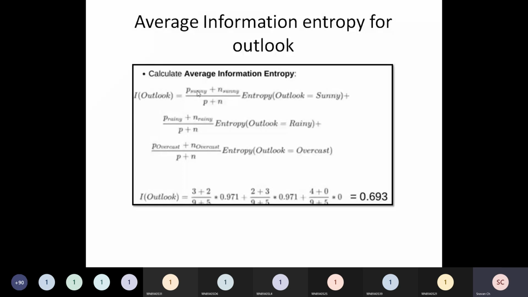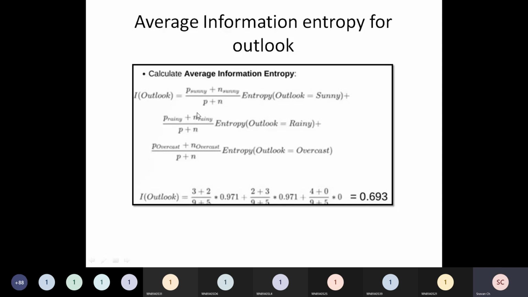So for sunny, how many positive examples were there? Only 2. How many negative examples were there? 3. So 2 plus 3 divided by, see here, this is important, and most of the time you will make a mistake here. Here students will write sunny positive examples are 2, sunny negative examples are 3, so numerator 2 plus 3, and in the denominator immediately they will write 5.